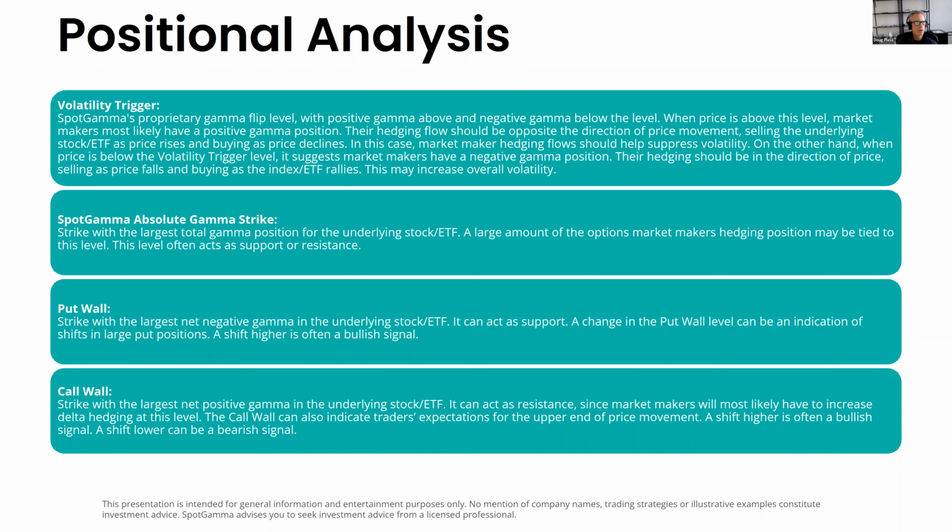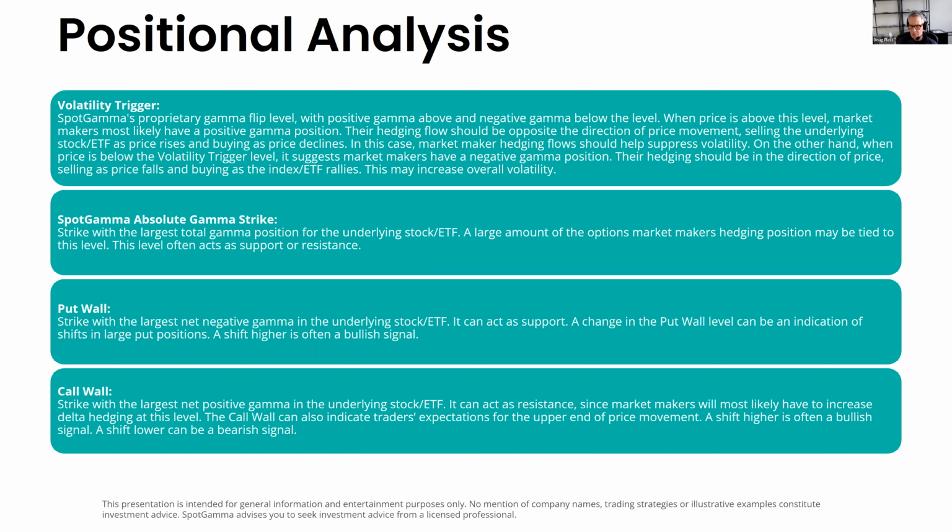So first of all, the volatility trigger, and that is SpotGamma's proprietary gamma flip level with positive gamma above and negative gamma below. What SpotGamma does for an index like QQQ, SPX, and SPY is assume that traders are long puts and short calls, and market makers take the opposite side of that position.